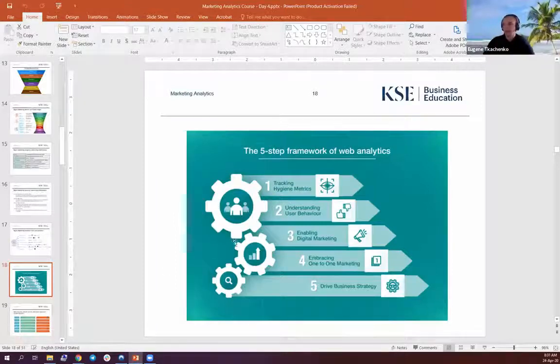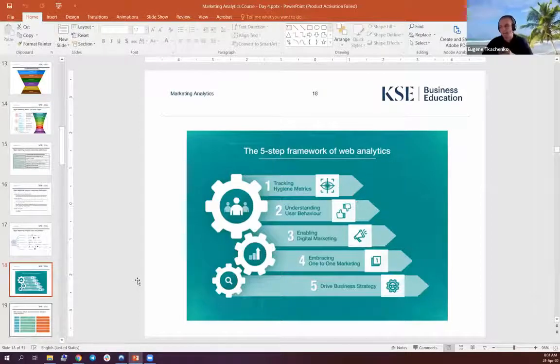If you have proper tracking hygiene, or basically data governance procedures in place, which help you capture all relevant information, you will be able to understand user behavior better. That user behavior will enable certain digital marketing tactics for your company, and therefore it will help you drive your business strategy.